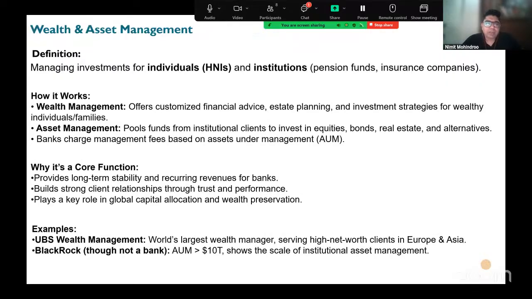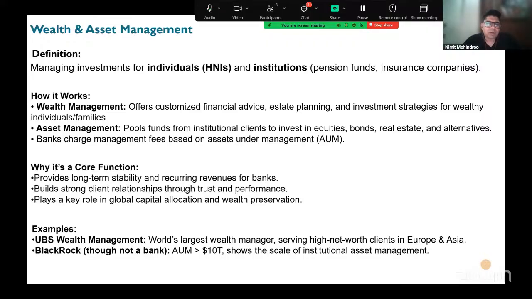So next is wealth and asset management. I think it is very clear by its name that it's all about portfolio management for HNIs and institutions. Like we have seen, mutual funds and pension funds and insurance companies, right?